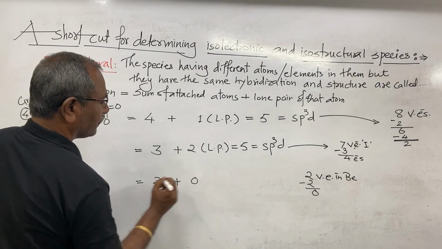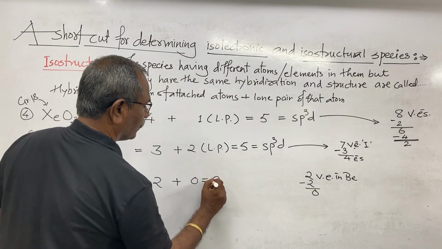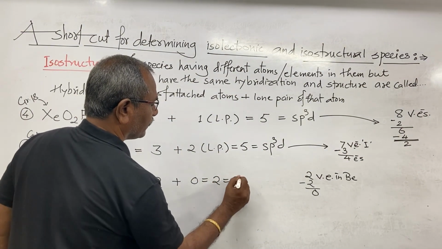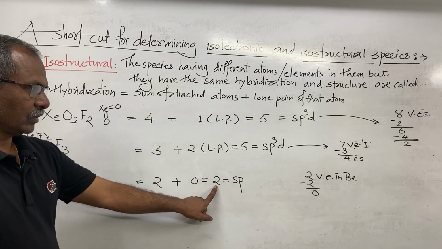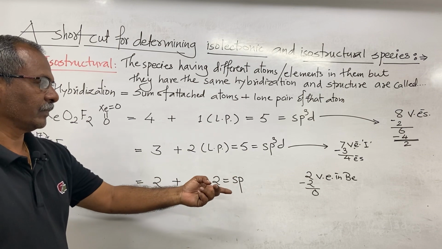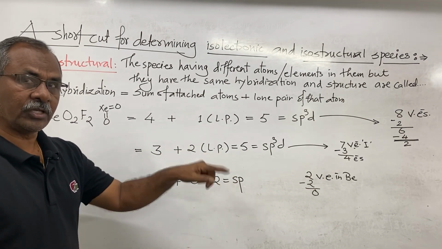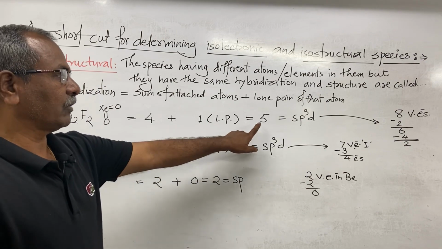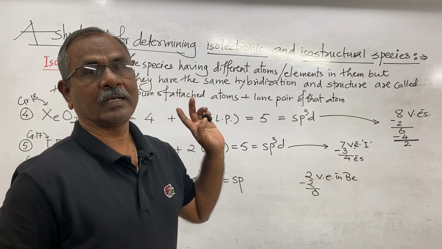So there is no lone pair of electrons. So total is 2. So hybridization is sp. So if there are 2, then sp hybridization. If there are 3, sp2 hybridization. If there are 4, sp3 hybridization. And if there are 5, then the type of hybridization is sp3d.